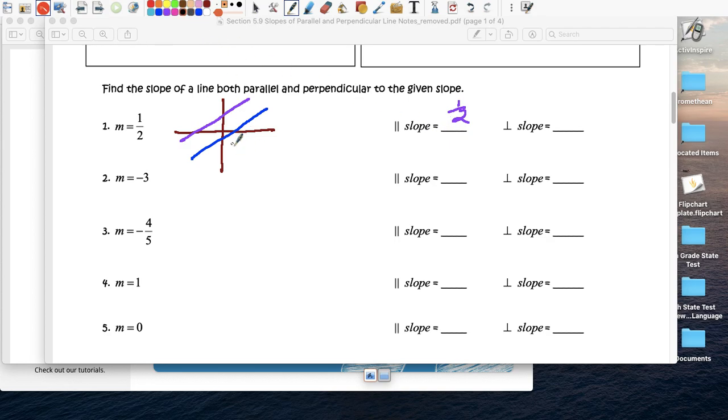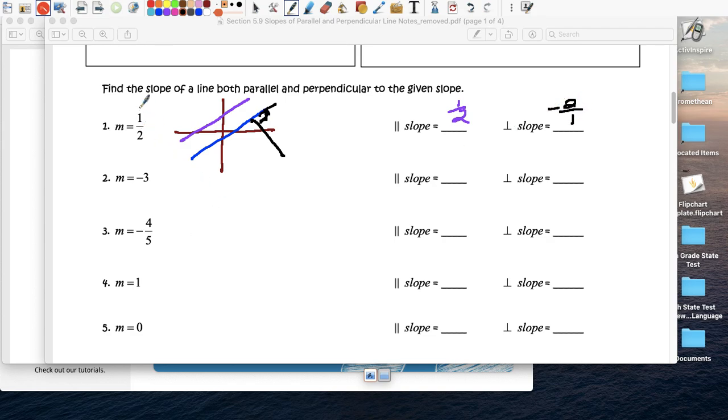Now, let's say there was a perpendicular line intersecting the blue line, right? Remember, forming 90 degrees. What's the relationship between the slope of the blue line and the slope of the black line? Well, the slope of the black line would be the negative reciprocal, so 1 over 2 would be 2 over 1, and we would change the sign.